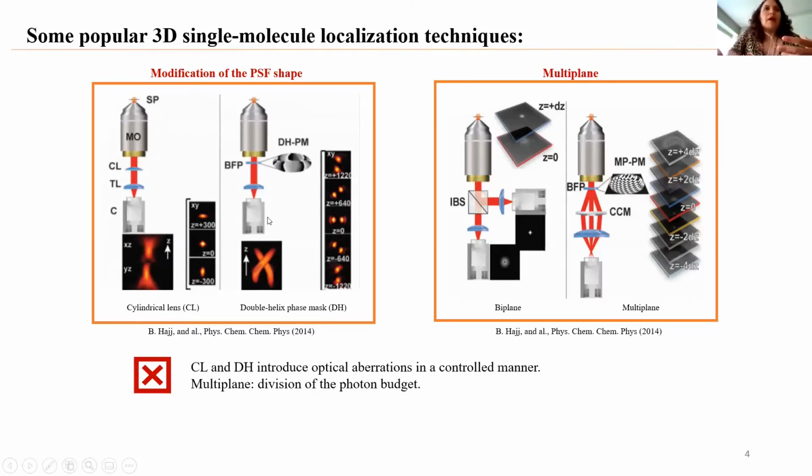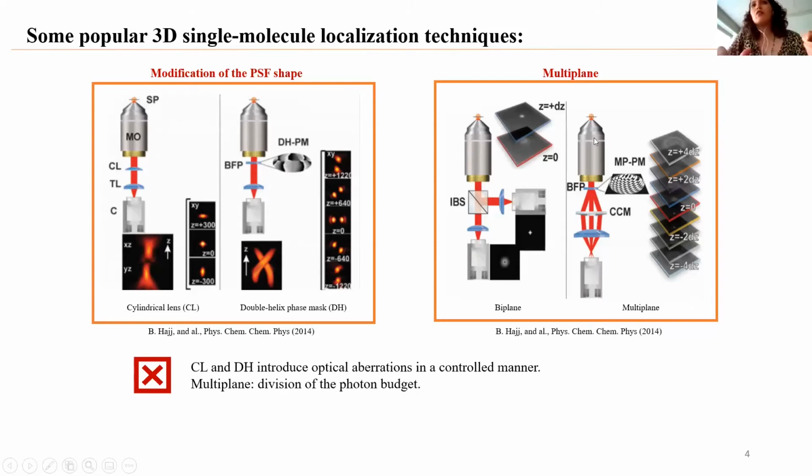So for instance, here we have astigmatism. But the limitation of these techniques is that whenever we want to use them to image inside a biological tissue, the sample may also introduce aberrations. Therefore, it will be problematic to retrieve the information regarding the localization of these emitters.